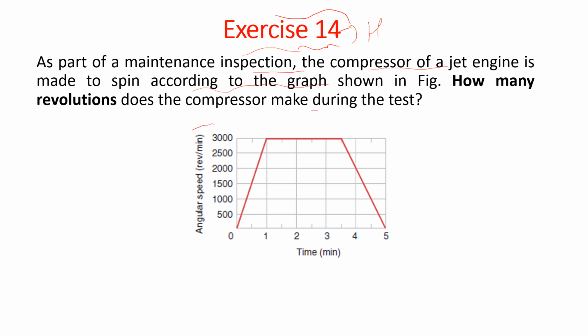This is simply the angular speed on the y-axis and time on the x-axis. When we multiply angular speed by time, we get theta, that is actually the displacement, the revolutions in our case.